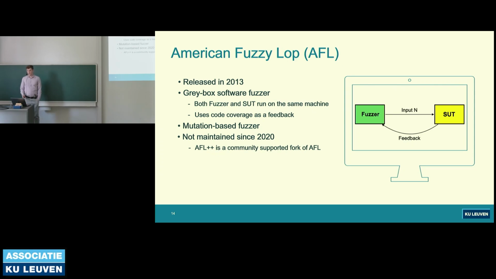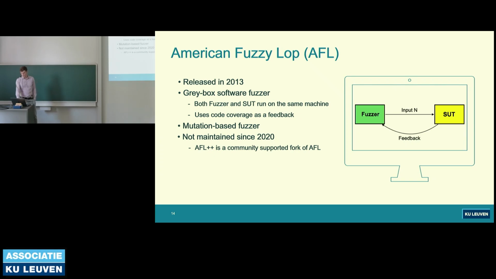And it's a gray box as it adds some instrumentation, code coverage instrumentation, during the build process of the system under test, and then uses the code coverage as feedback during the fuzzing. Also, it's a mutation-based fuzzer, so it expects you to give some kind of initial seed, and then it starts mutating it further and further. AFL has not been maintained since 2020, but there is a community-supported fork of AFL called AFL++ that is alive and thriving nowadays.